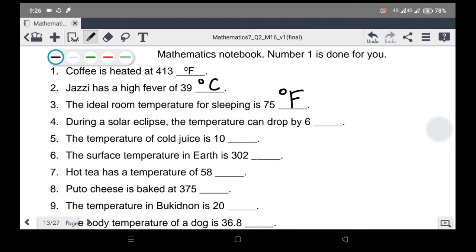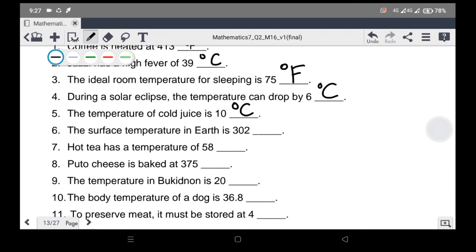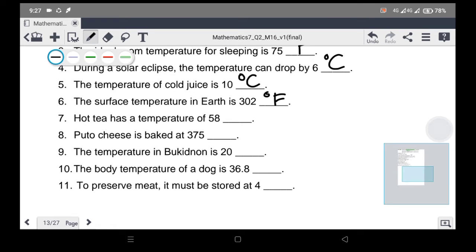During a solar eclipse, the temperature can drop by up to 6 degrees Celsius. Number 5, the temperature of cold juice is 10 degrees Celsius. The surface temperature on Earth is 302 degrees Fahrenheit. Number 7, a hot tea has a temperature of 58 degrees Celsius. Puto cheese is baked at 375 degrees Fahrenheit.